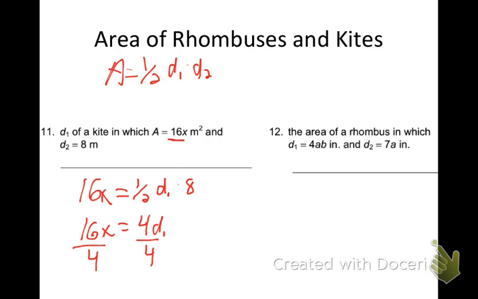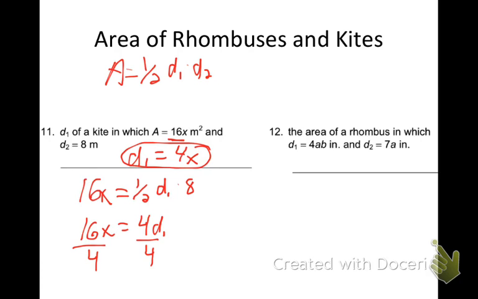So 16x divided by 4, what does D1 have to be? What's 16 divided by 4? Okay. What else do I have included here then, though? My answer here is going to be 4x. Your answer is an algebraic expression. You have to include the variables on it as well.